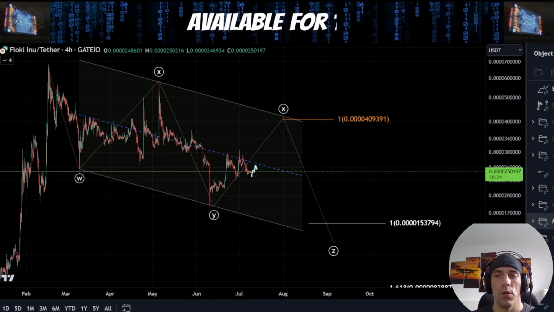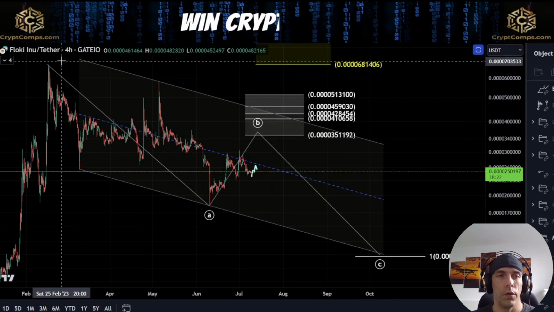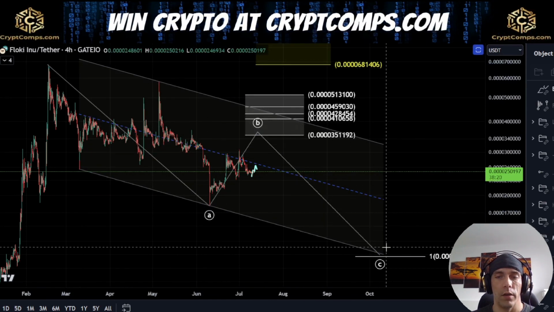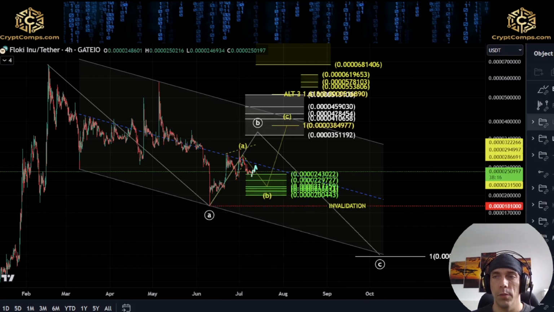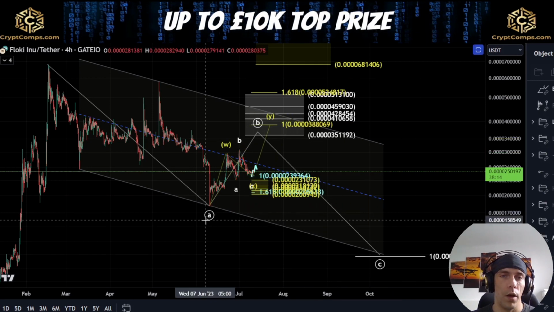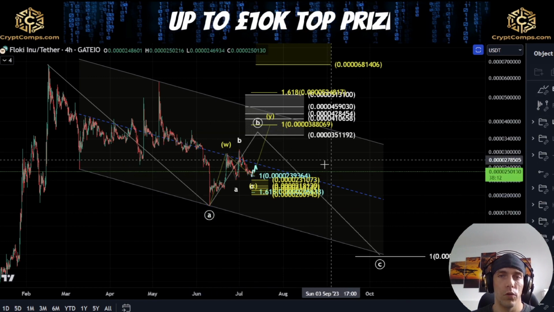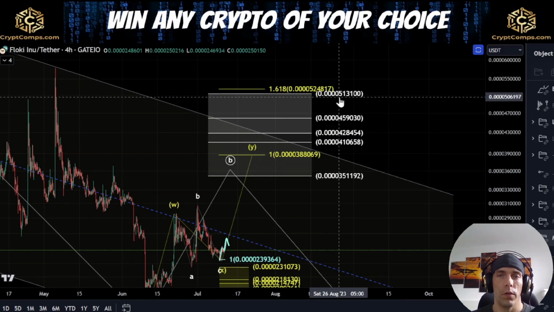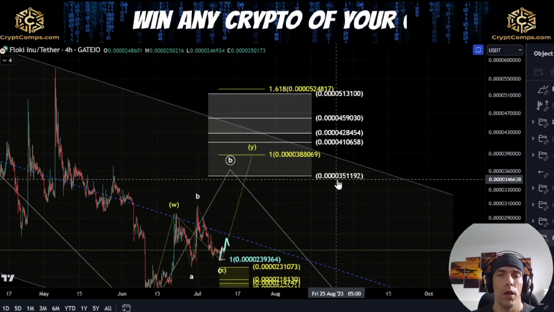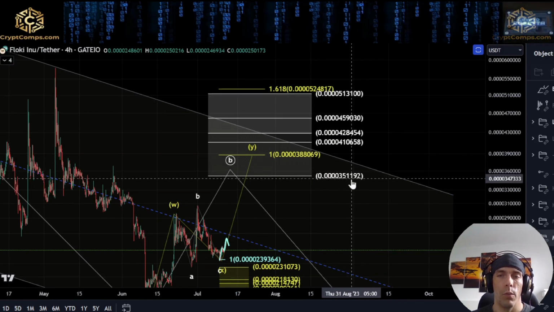As well as that, we could also see the idea of this being a bigger A, a B, and a C. So if we do see that idea of the zigzag to the upside, or this W, X, and a Y, we see this push up one more time here, I'm going to be very cautious around this zone of this 513100 to this 351192.